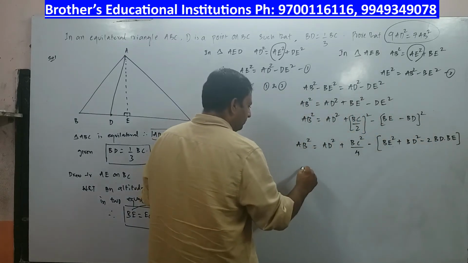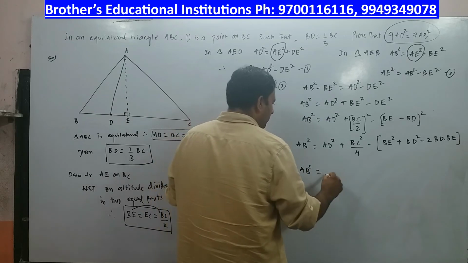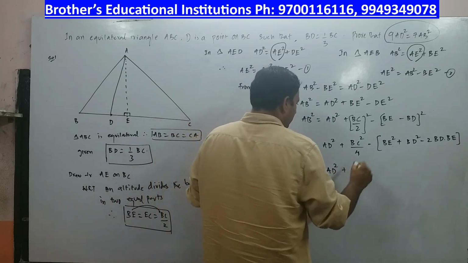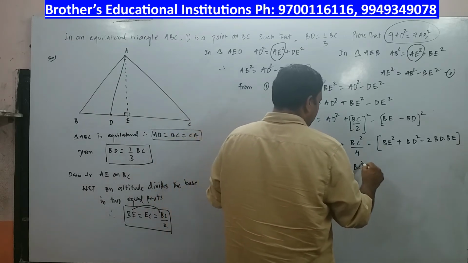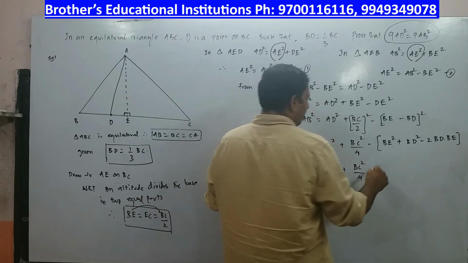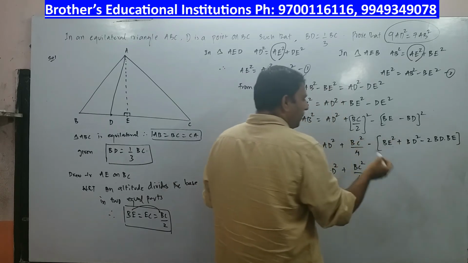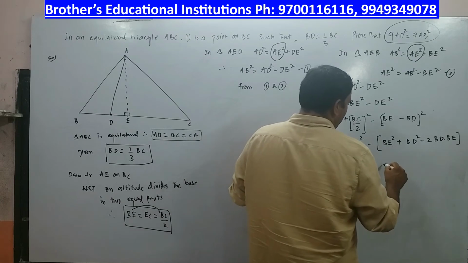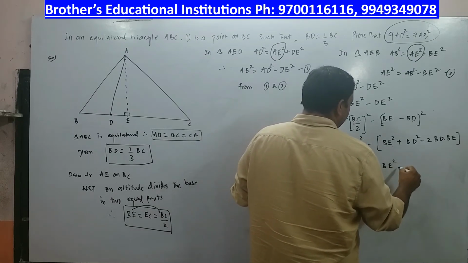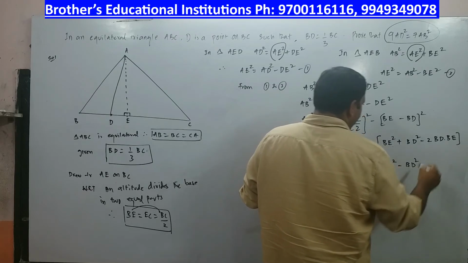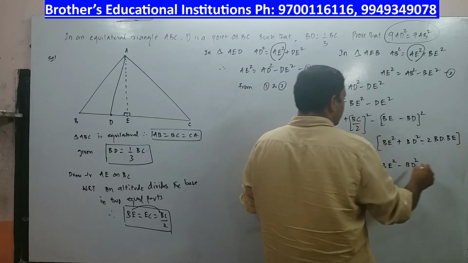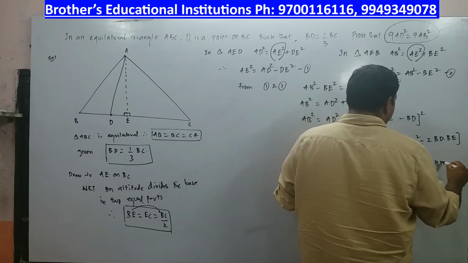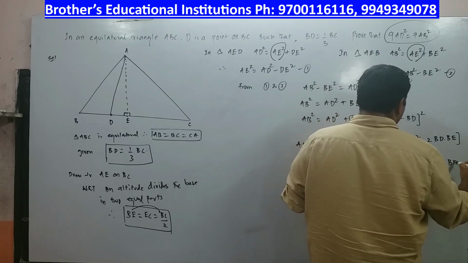So now AB square is equal to AD square plus BC square by 4 minus, you open up the bracket, right? You have BE square plus BD square minus 2 BD into BE.